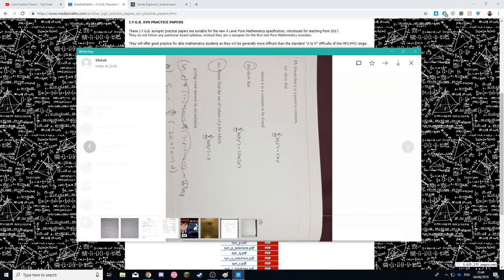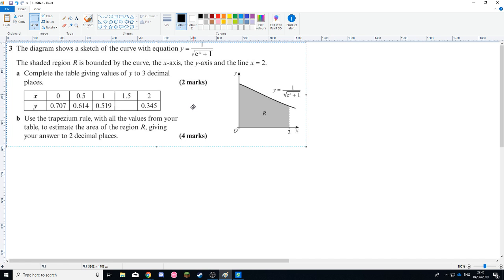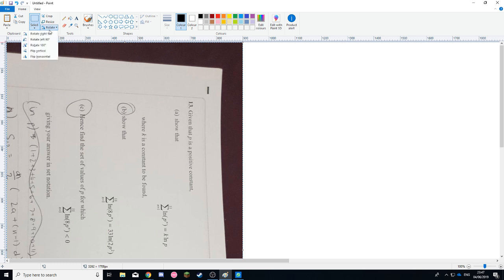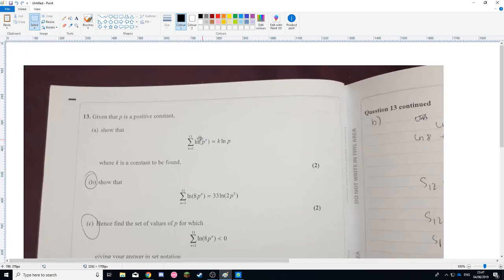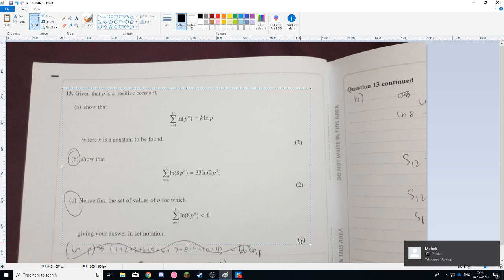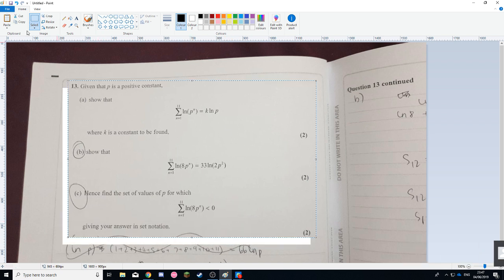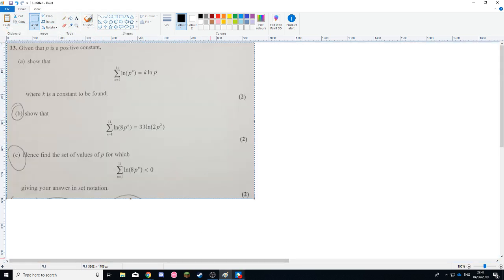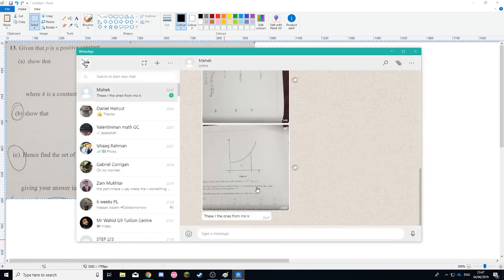Oh, this question. Okay, cool. Wait. Oh, crap, I didn't copy it. Oh, is this even helpful? I don't know if it's a waste of everyone's time. Okay, cool. I'll do this one first, and I'll do the second one.